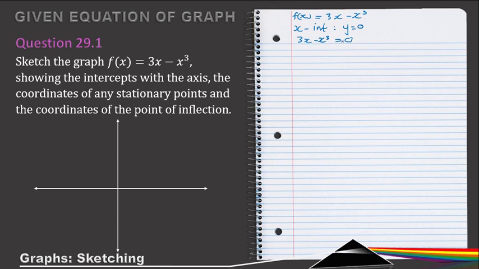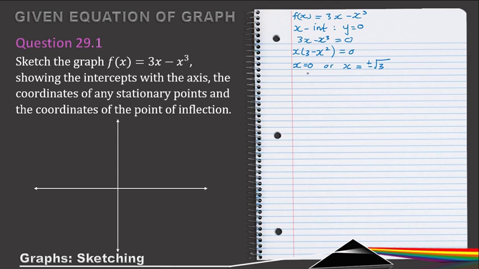And then obviously if we factorize that, this is quite easy. We just take out a common factor of x, then we get 3 minus x squared, that's left, equal to 0. And if we solve for these, we get that x is equal to 0 and x is equal to plus or minus the square root of 3.